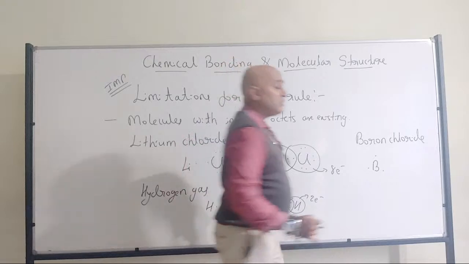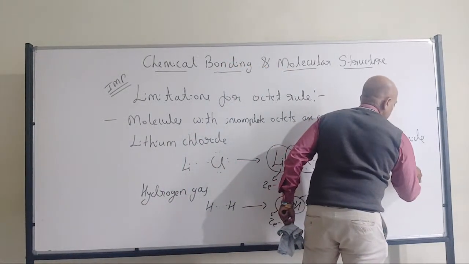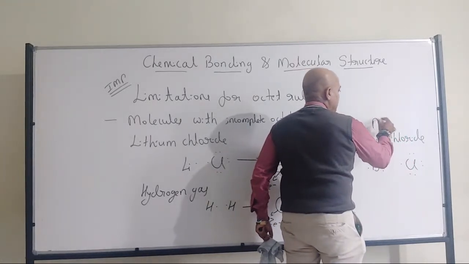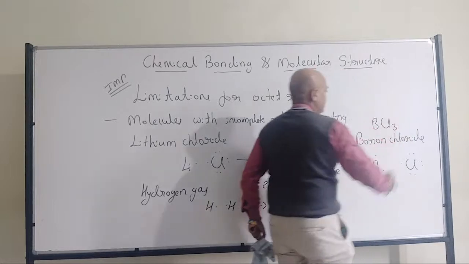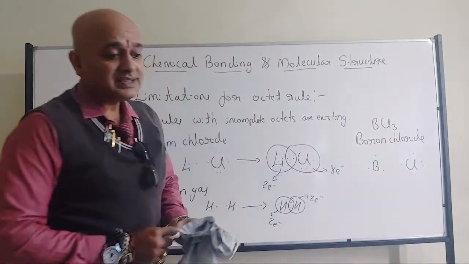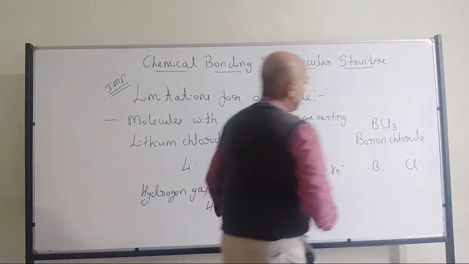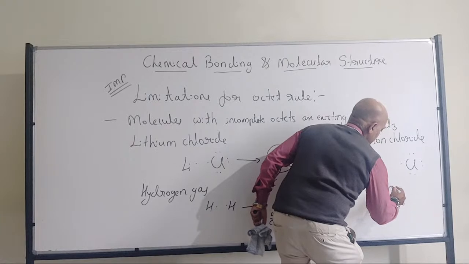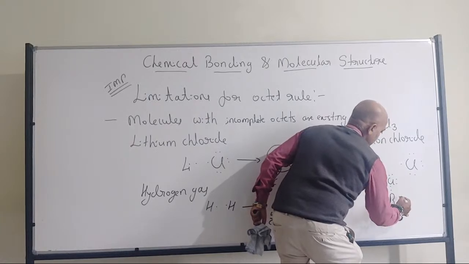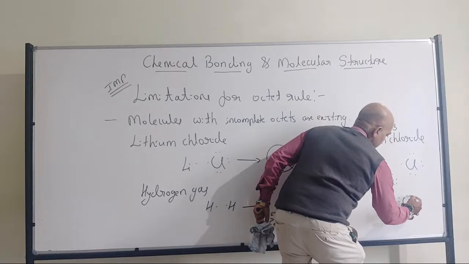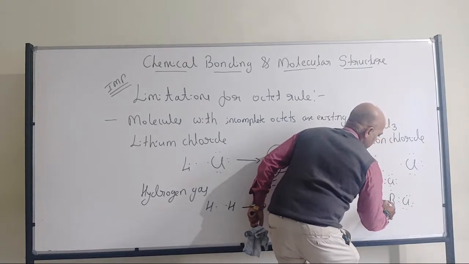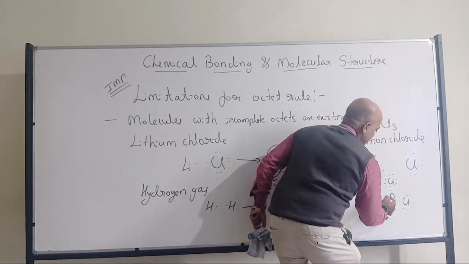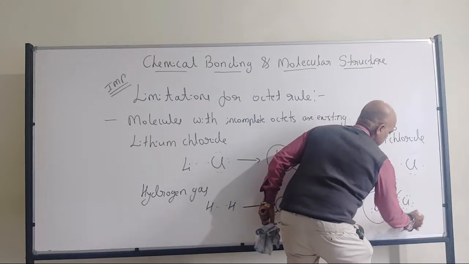Chlorine will have 7 valence electrons, and the formula of boron chloride will be BCl3, boron trichloride. So we have boron with 1 chlorine, boron with another chlorine, and boron with another chlorine. Total 3 chlorines.